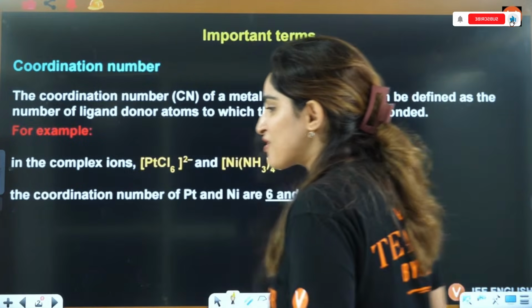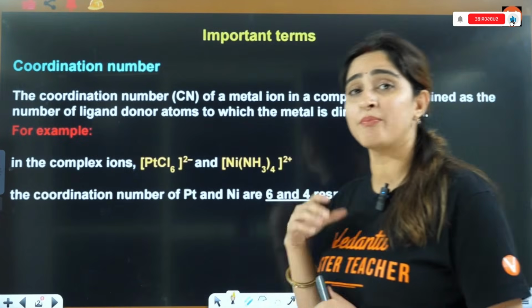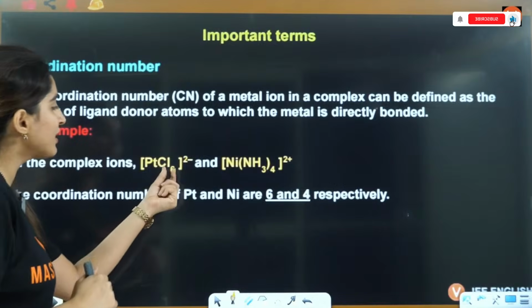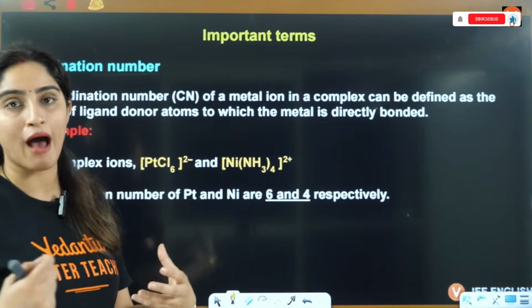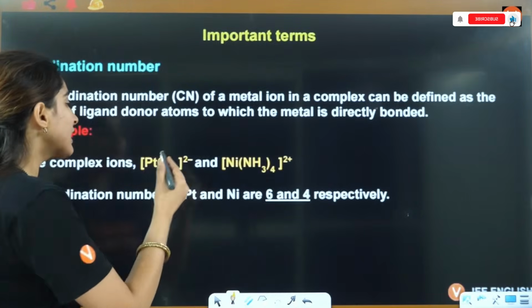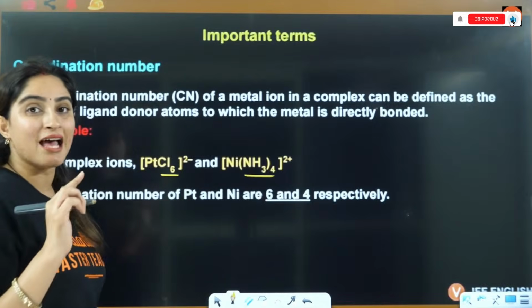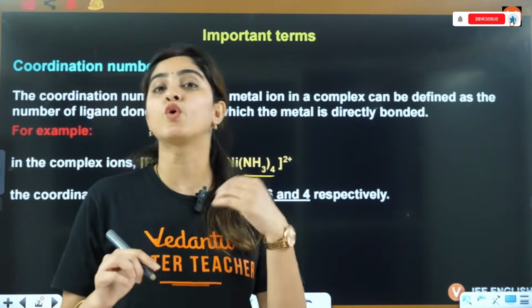Okay, let's start. First, some important terms. First is coordination number. Coordination number is the number of donating sites that you have. Here the number of donating sites is 6. We are not saying the number of ligands, we are saying the number of donating sites.